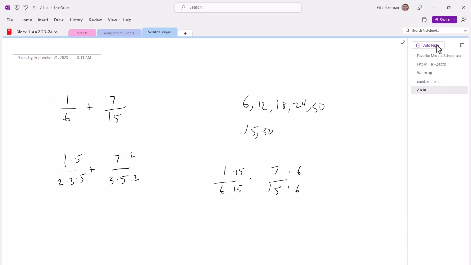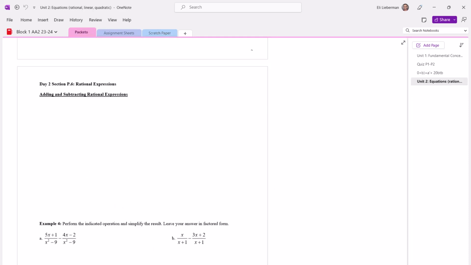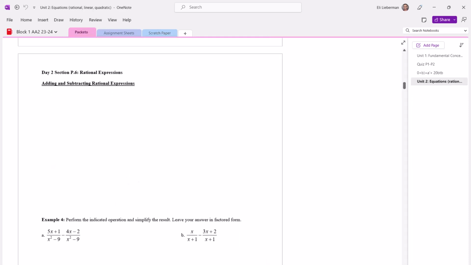So let's keep that in mind today as we go through adding and subtracting rational expressions. They give us a whole lot of space there.